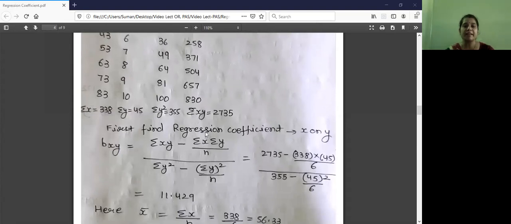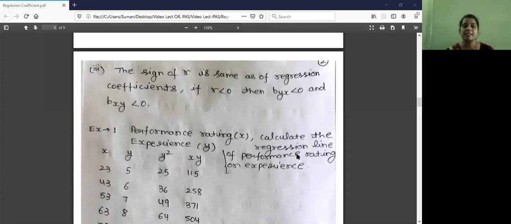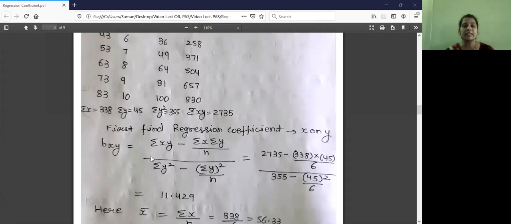So first we find the regression coefficient. If we are finding the regression line of performance rating on experience, that means x on y, so we have the regression coefficient x on y and we write bxy. In case the regression coefficient is y on x, we write byx. Got it?